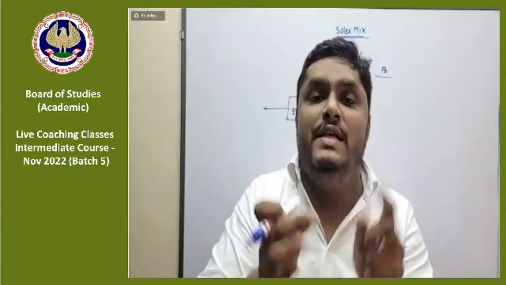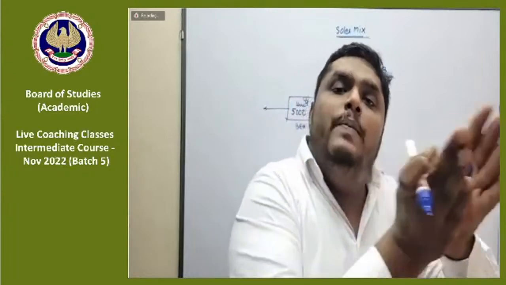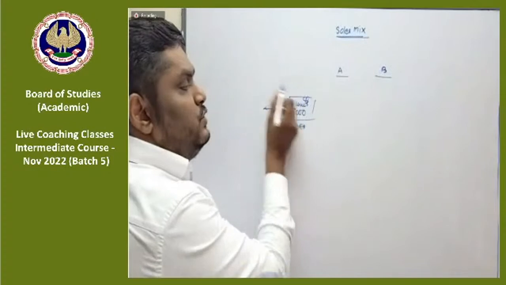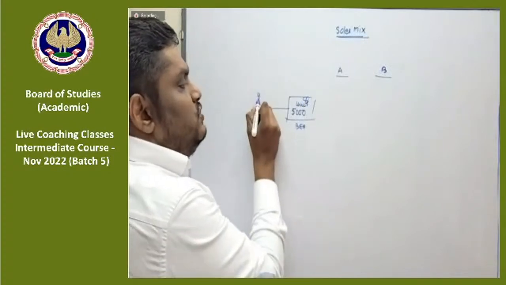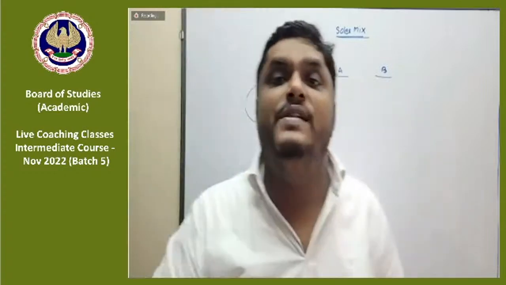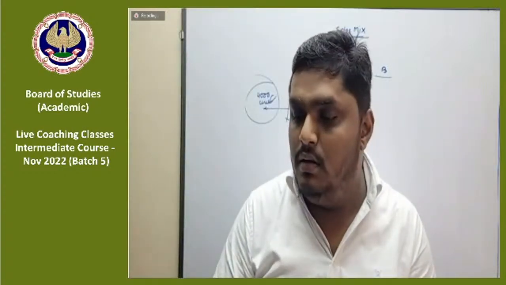That is break-even sales. If we are not able to recover our fixed cost, that is possible when the number of units sold is less than break-even sales. So let's say 4,000 units are sold. It means the company will suffer a loss, Karthik Gupta.